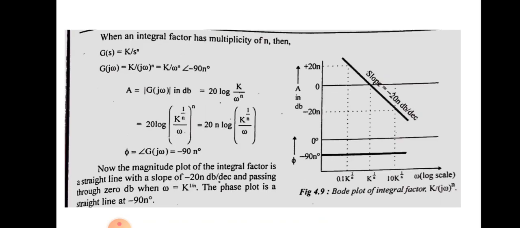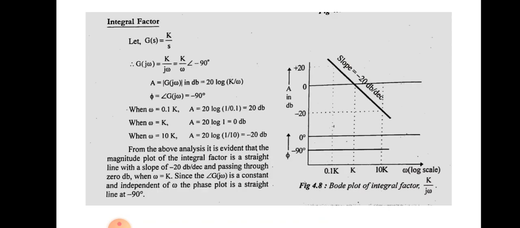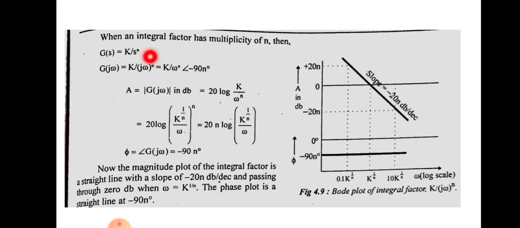See, next we will consider a case. Suppose instead of s here, there is s squared or s raised to 4 in the denominator side. Then the equation will be g of j omega equal to k by j omega all raised to n, that is equal to k by omega raised to n, with magnitude k by omega raised to n and angle minus 90 n.